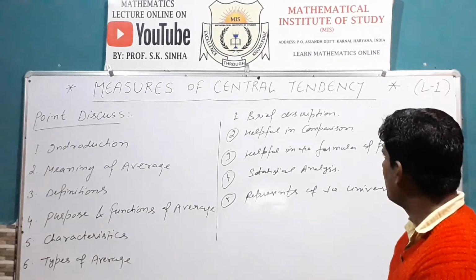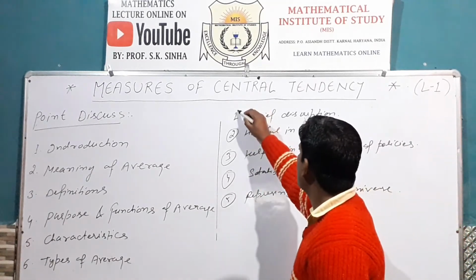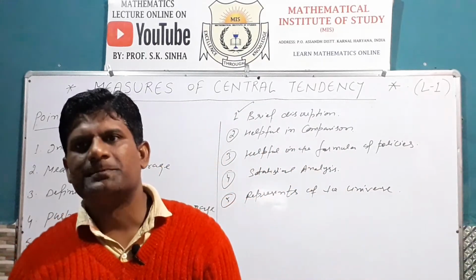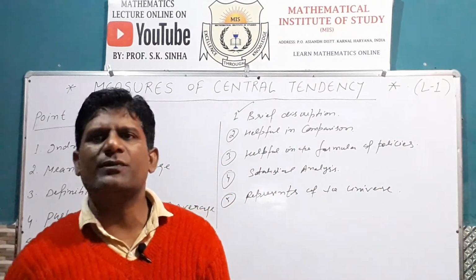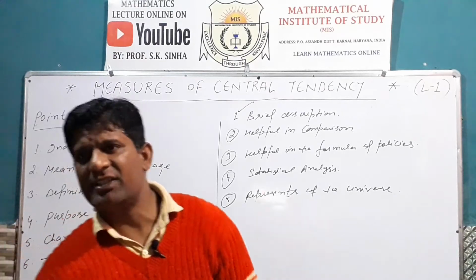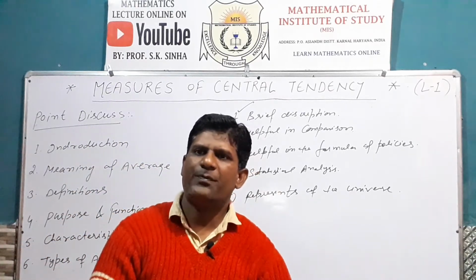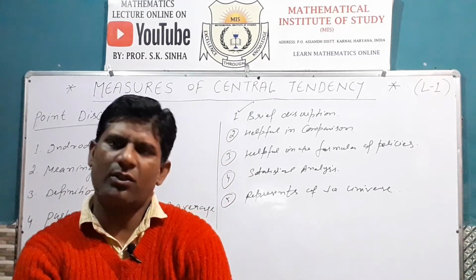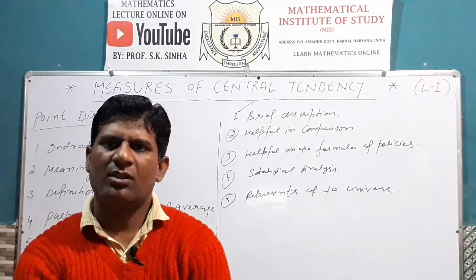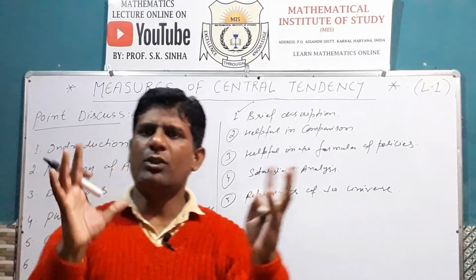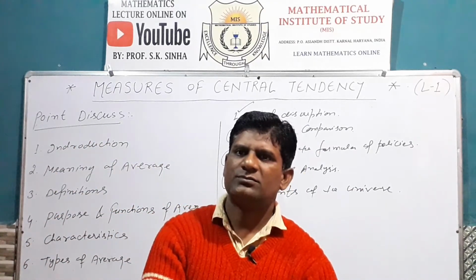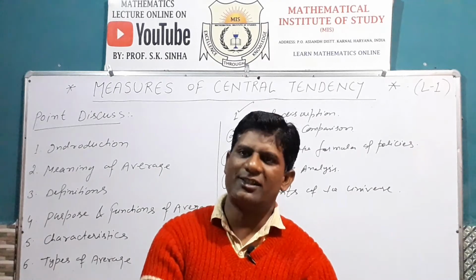So first of all, I will start with brief description. The main purpose of the average is to represent a simple and symmetric description of the raw data. Right? The raw data may be complex and unorganized.